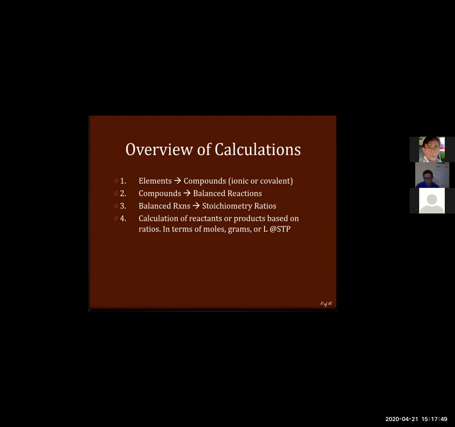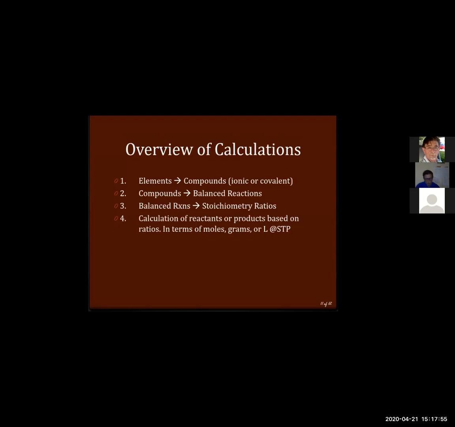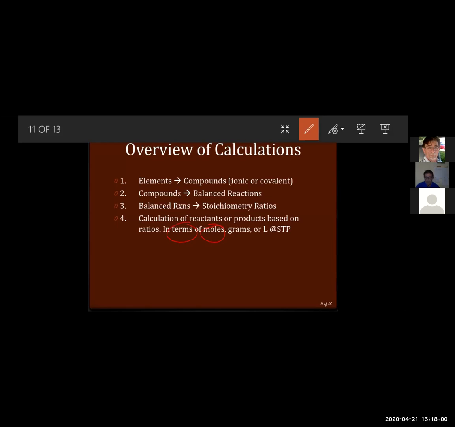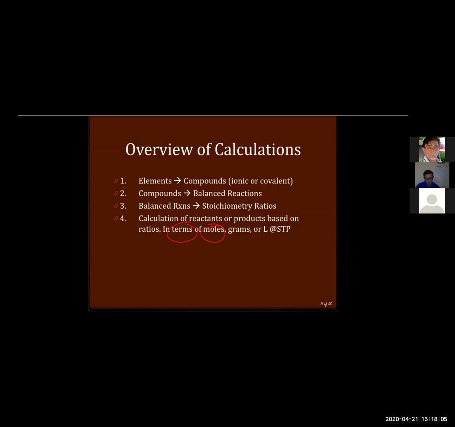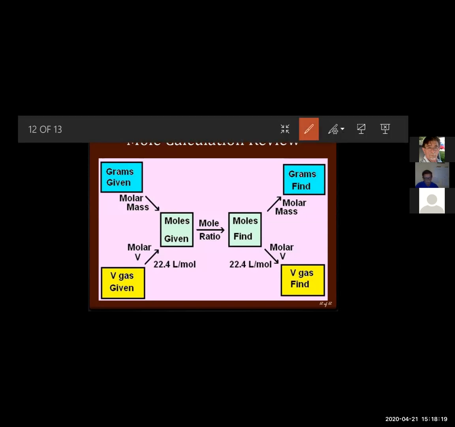But to get from point A to point B, the important part is moles. We cannot get from one point to the other without moles. This flow chart really summarizes this chapter on how to get from point A to point B. If we're given grams and we're trying to find the grams of a product or reactant, we have to go through this pathway.